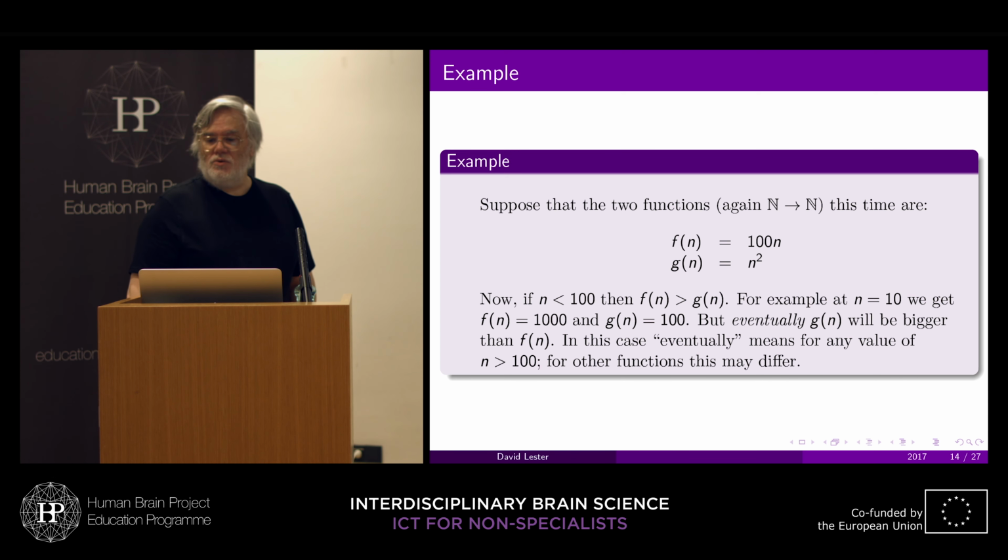For example, at n equals 10, you get 1,000 for f, and only 100 for g. But eventually g becomes bigger than f, and eventually here means for any value bigger than 100. With other functions you can get a similar pattern of behavior. Eventually, one part of the equation will dominate everything else.